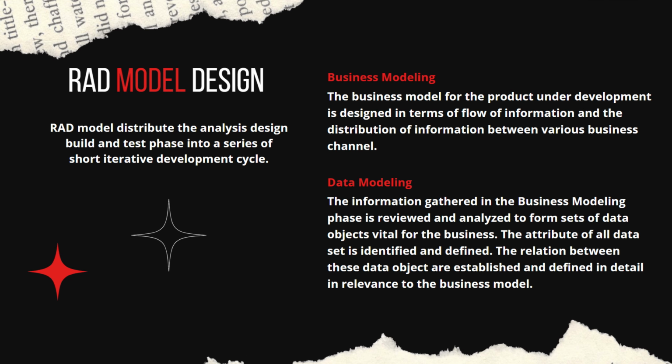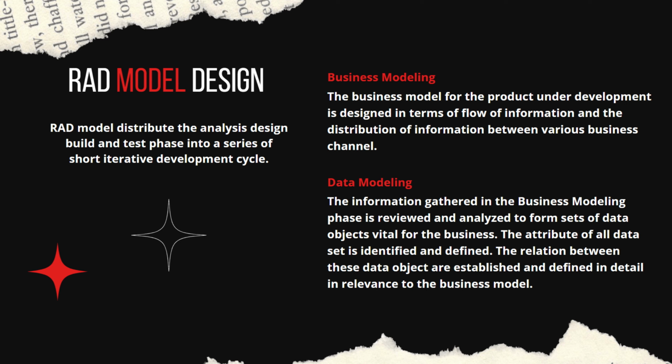RAD model design. The RAD model distributes the analysis, design, build, and test phases into a series of short iterative development cycles. Business modeling. The business model for the product under development is designed in terms of flow of information and the distribution of information between various business channels. Data modeling.